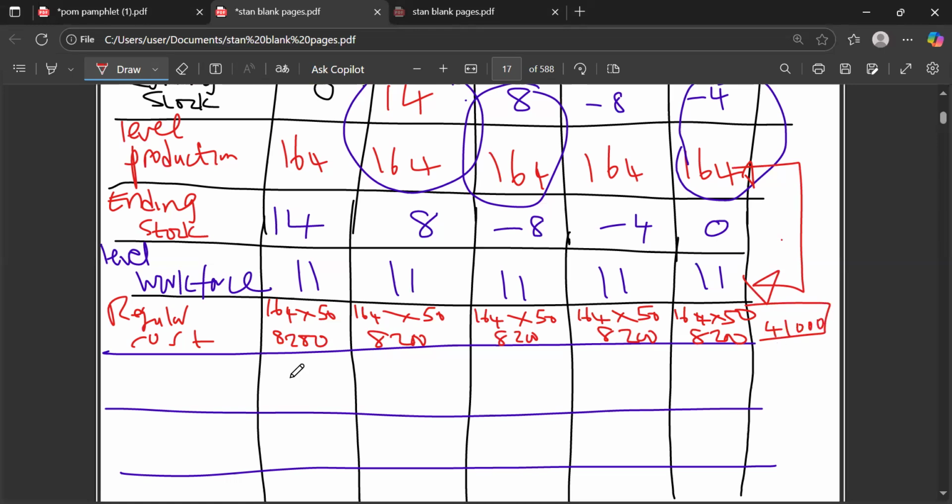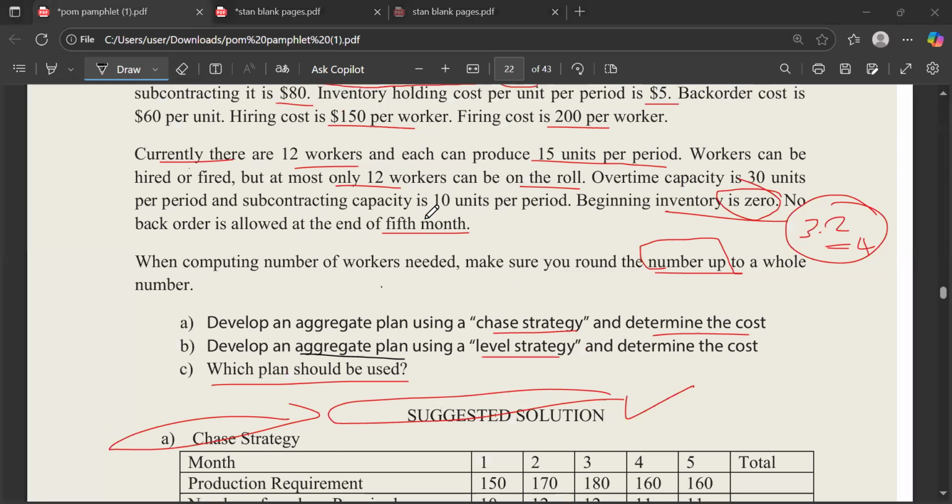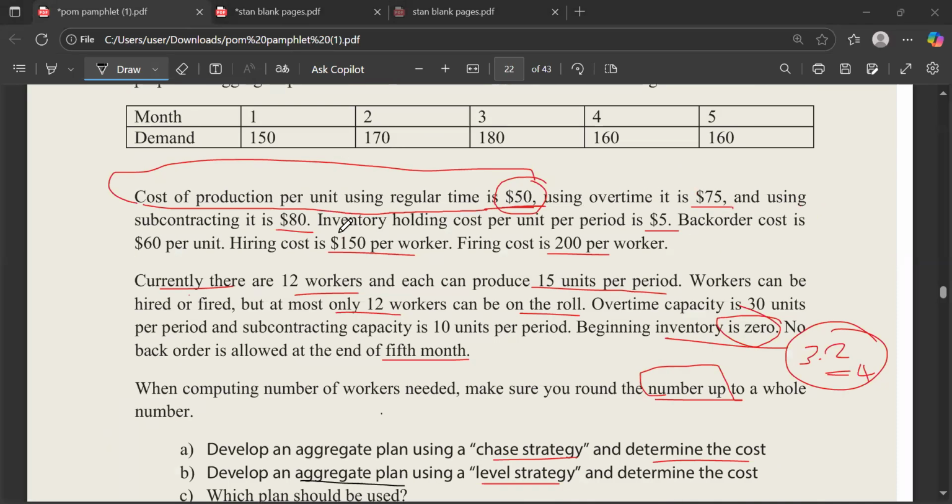So now, what next? We can now find the ending cost, or what we call holding cost. Our holding cost will be 14 times, physically 14 were being held. And the holding cost per unit was how much? It was $5. You understand?